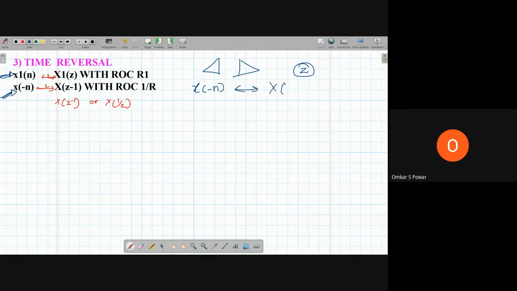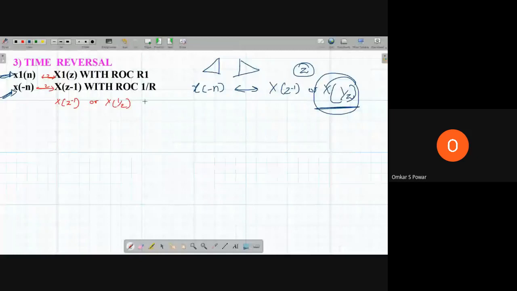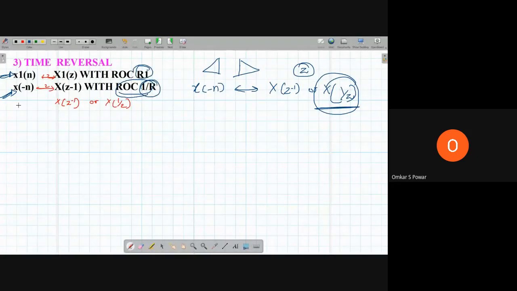Z to the power of minus 1 or z to 1 by z. So it will be x of 1 by z, provided your ROC is 1 by r. So your ROC changes here. Okay, if it is r, it will be 1 by r, and it will be 1 by z. So if you flip this one, it will be 1 by z here. So we have to prove this one. So again, we will use the z transform formula and we'll prove it.